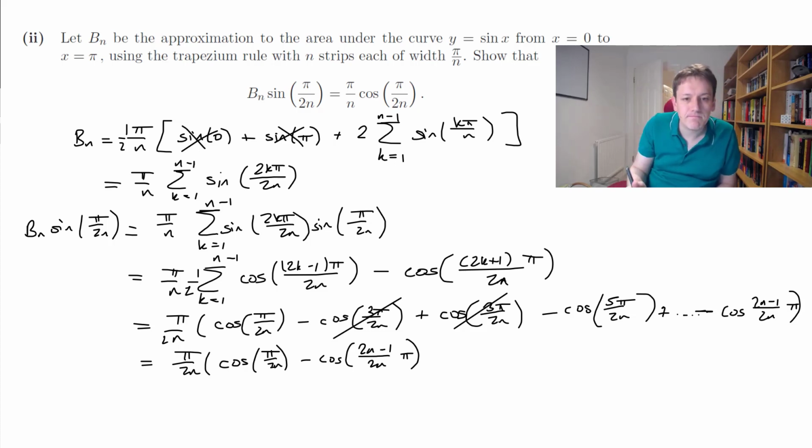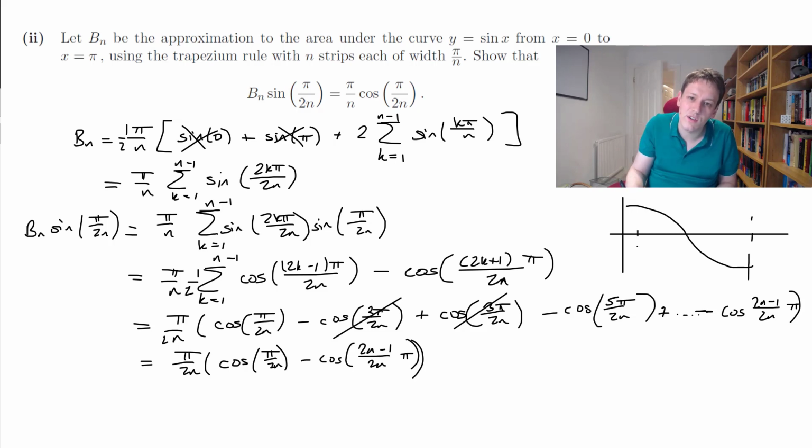And now it's important to be able to spot some symmetries here. If I have the graph of cosine, what we're looking at here is two values of cosine. I've got cosine of pi over 2n, and (2n minus 1) over 2n pi is just the same thing as pi minus pi over 2n.